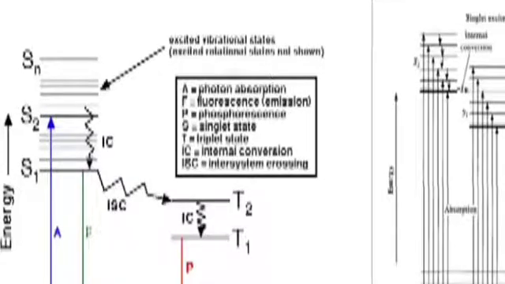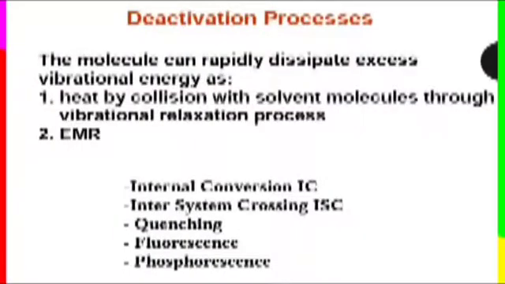Now let us see the details: what is meant by internal conversion, what is meant by intersystem crossing, what is meant by triplet. Deactivation processes.